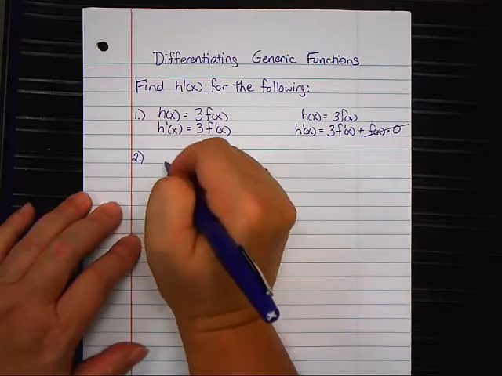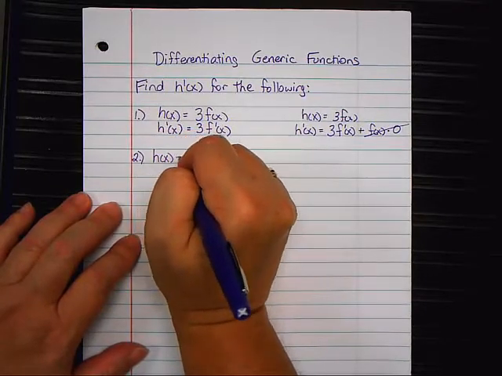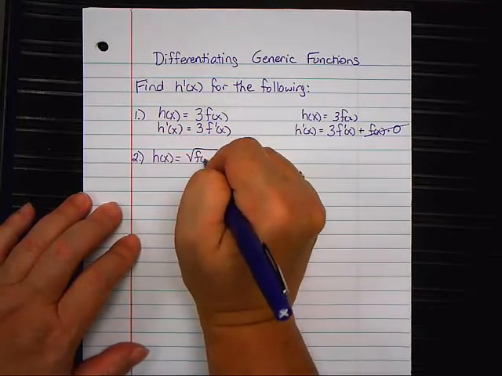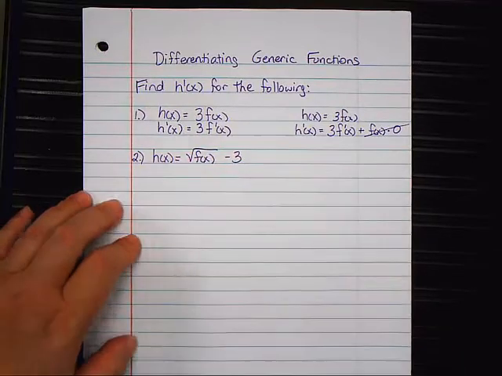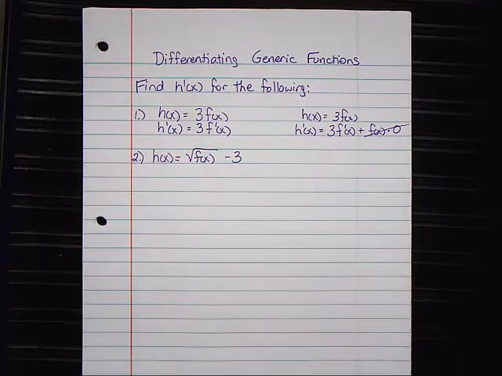Number 2, h of x equals the square root of f of x minus 3, and the minus 3 is outside the radical. The square root of f of x in the radical, minus 3. Okay.